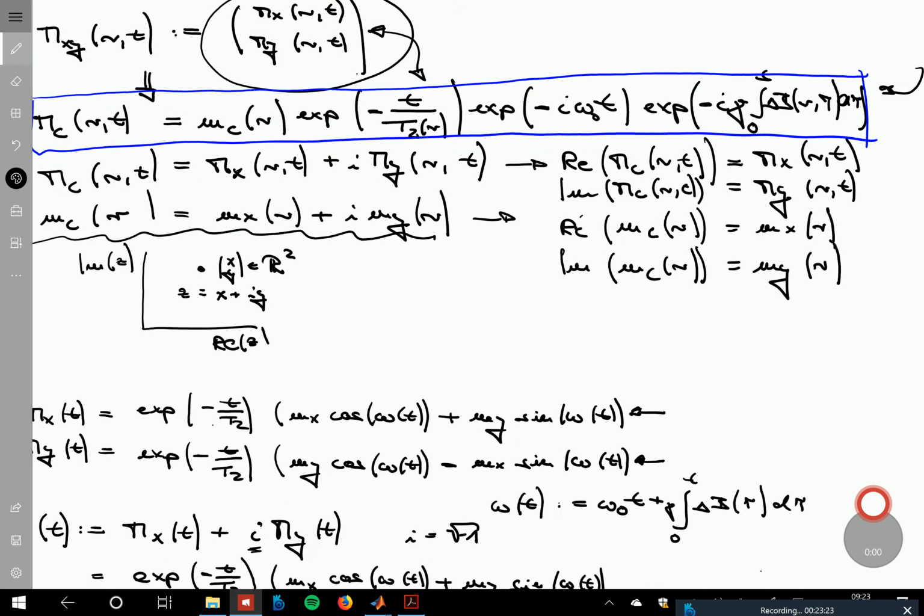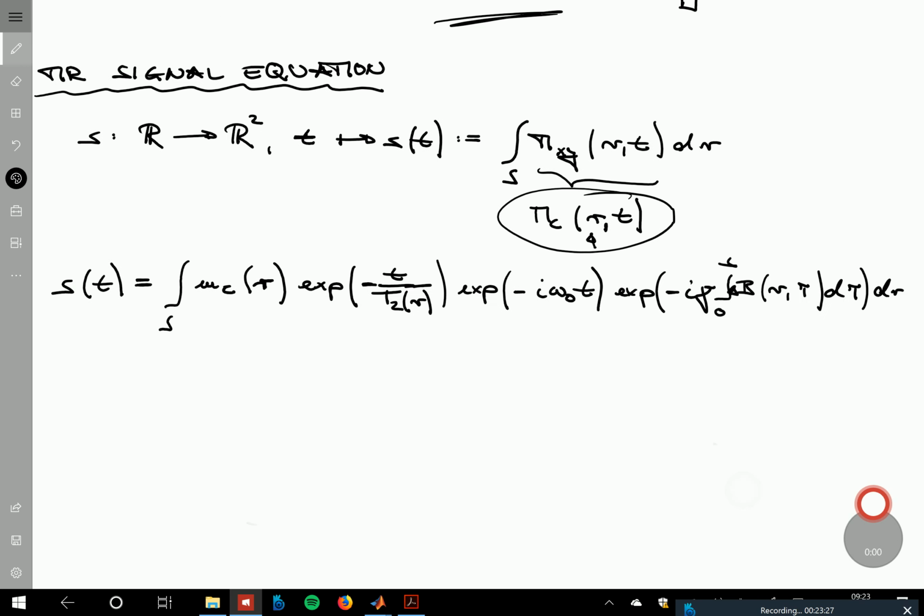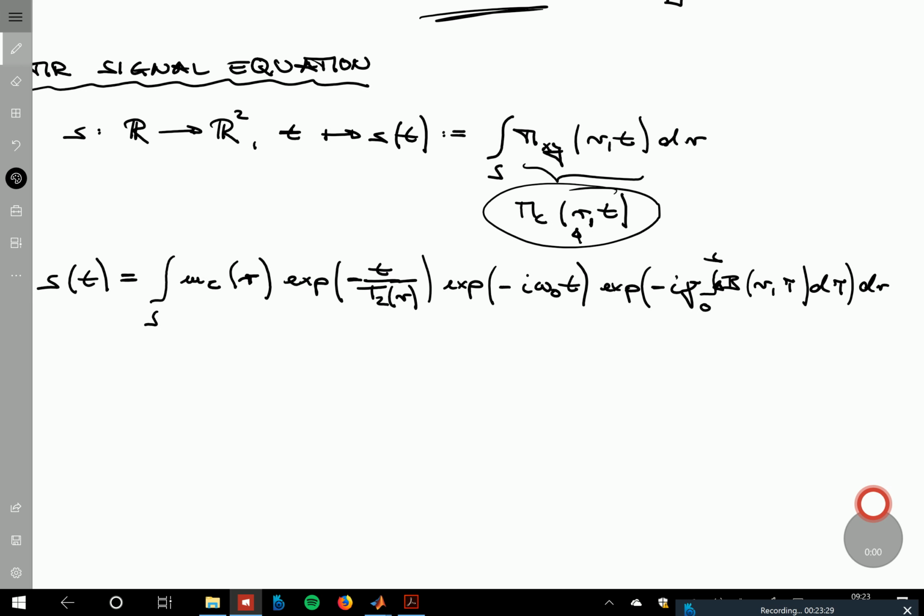So it's this blue thing. You can view this as a model. You sit there at the scanner, the scanner records a signal at time t, and your idea of what the signal represents is this.